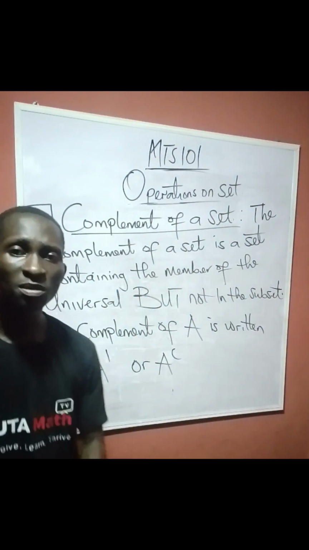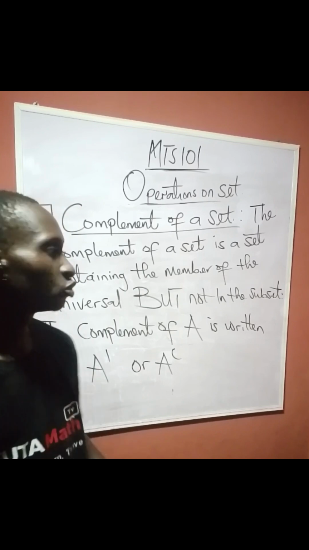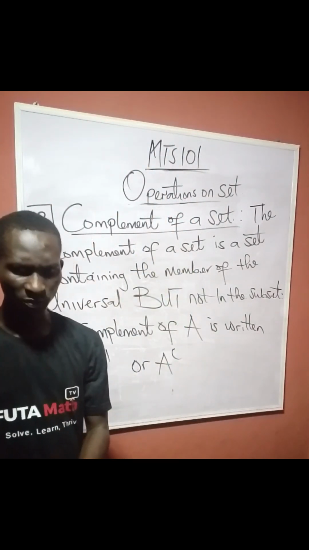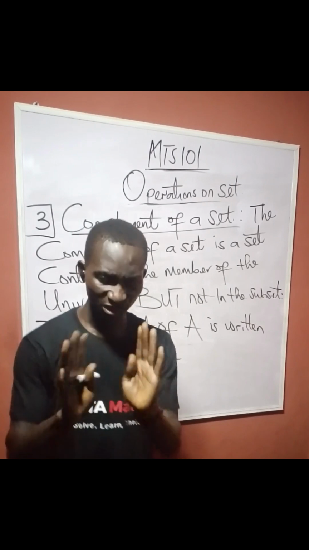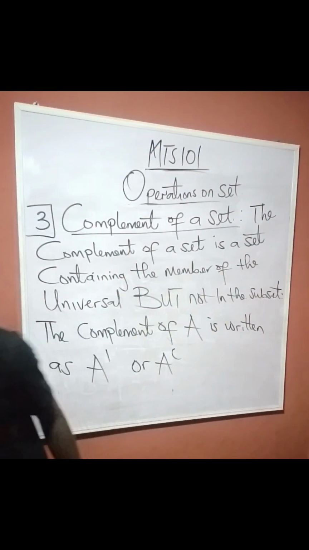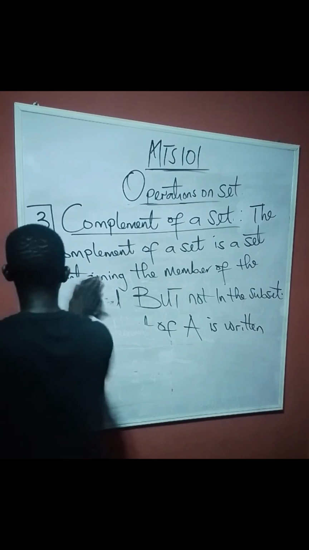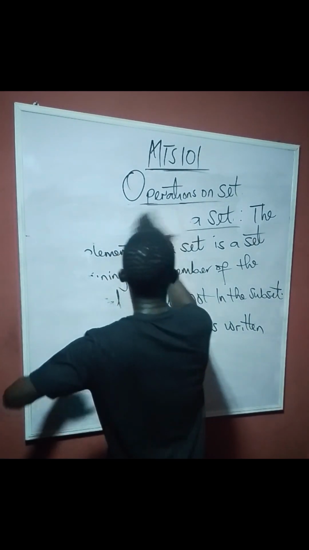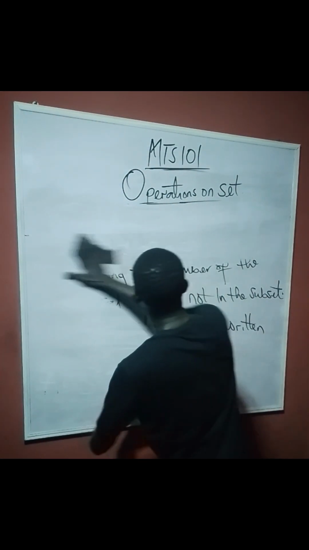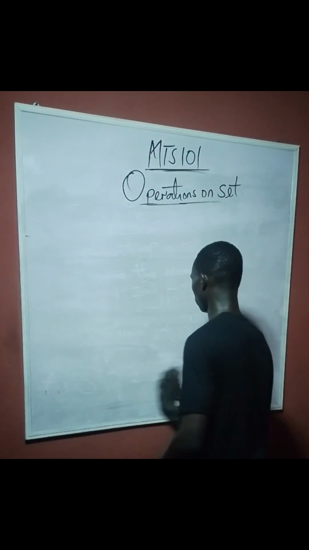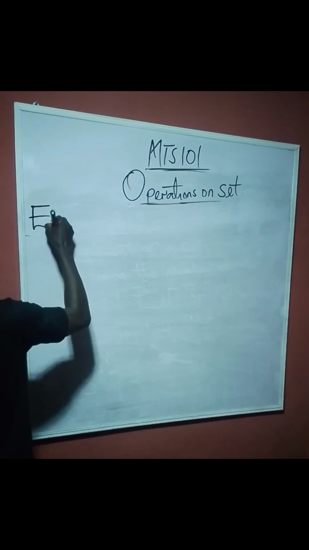So whenever you are asked to find the complement of a set, you just list out the members of the universal set but not in that subset. Now let's pick an example so that you can understand what I mean.